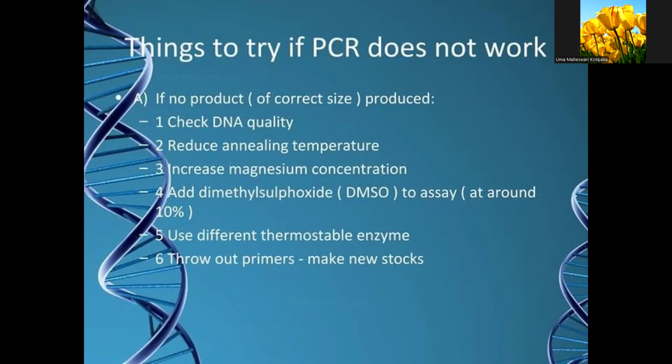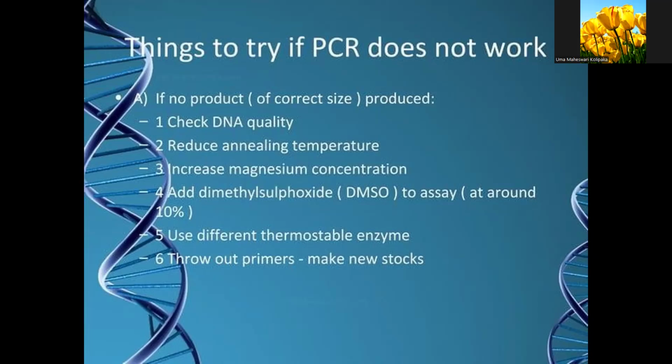Reduce the annealing temperature. We have a wide range, 50 to 70 degrees Celsius, so we have to adjust the annealing temperature, and increase magnesium concentration. Add dimethyl sulfoxide at around 10% and use different thermostable enzymes. Throw out primers, make new stocks.